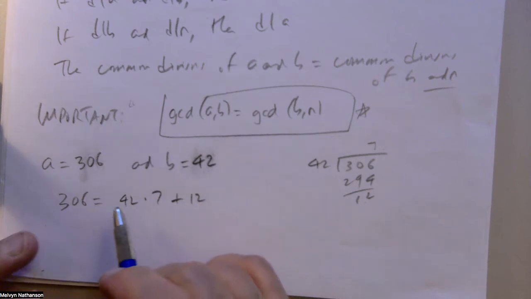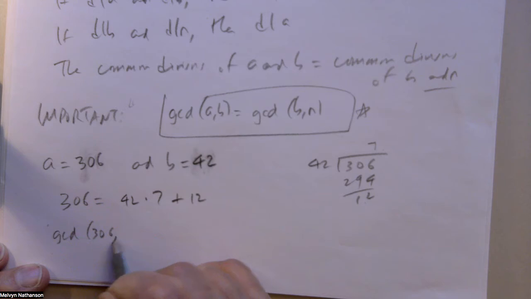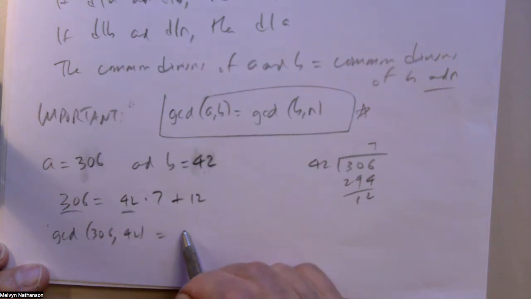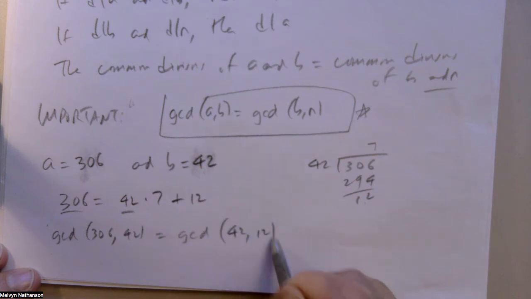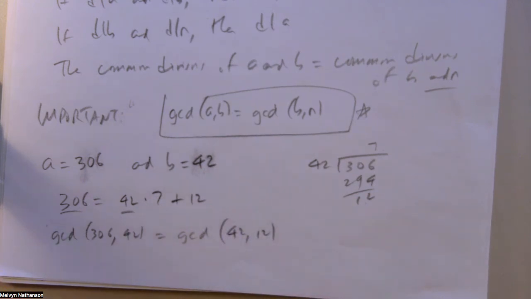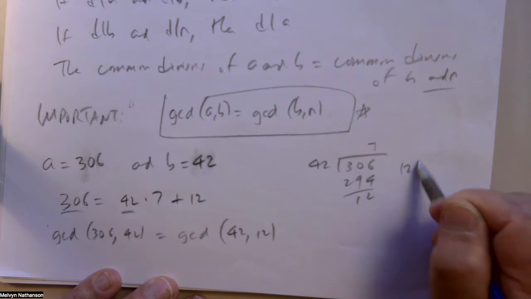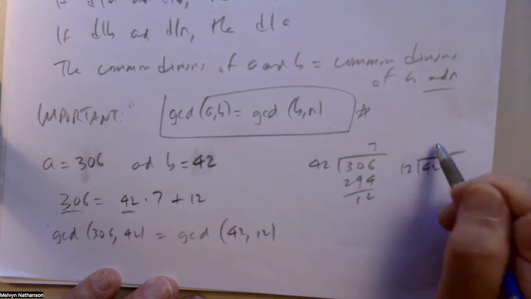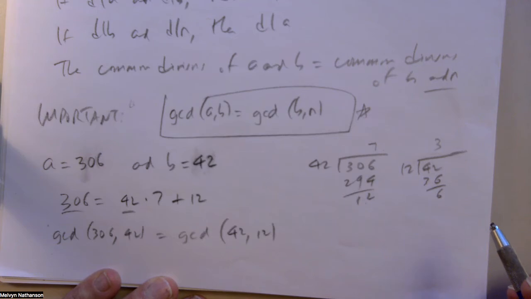And what this says is that the greatest common divisor of 306 and 42 is going to be the same as the greatest common divisor of 42 and 12. What's the greatest common divisor of 42 and 12? Let's divide 12 into 42. This goes 3 times with a remainder of 6.